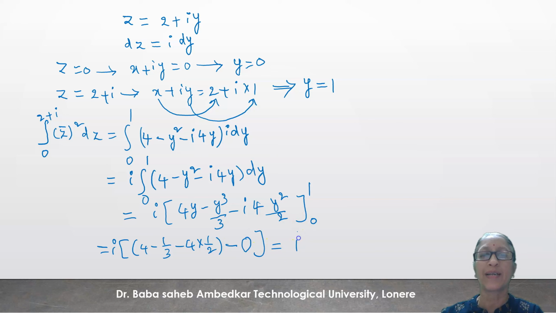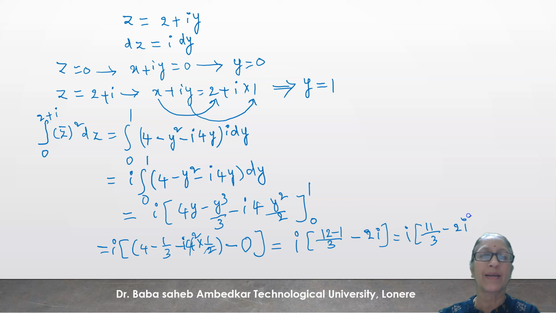So what do you get? Here i is left, here 4 minus 1 by 3, so 12 minus 1 by 3, minus 2i, which is equal to i into 11 by 3 minus 2i.